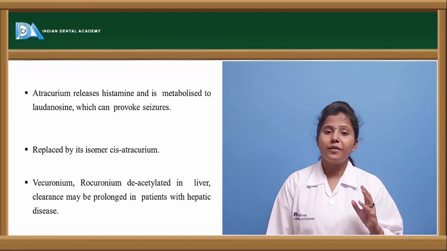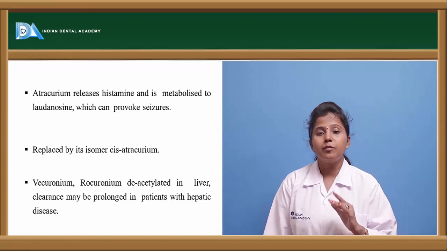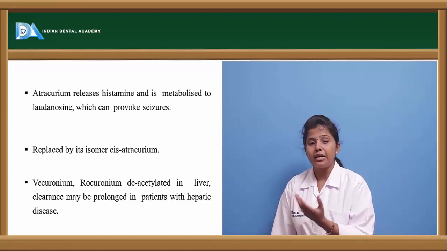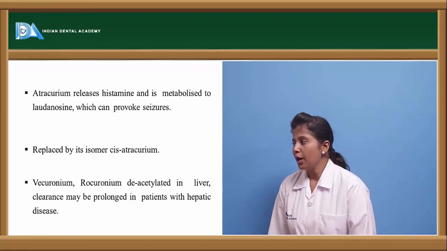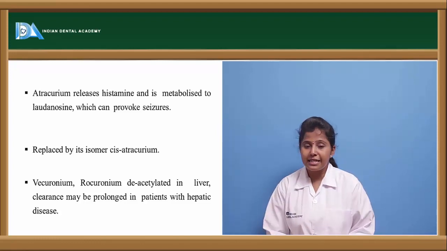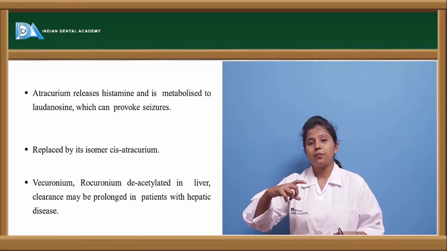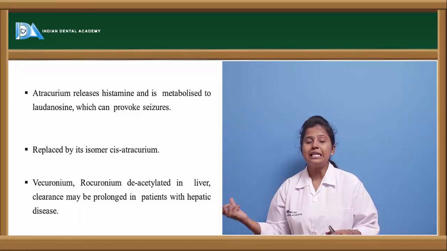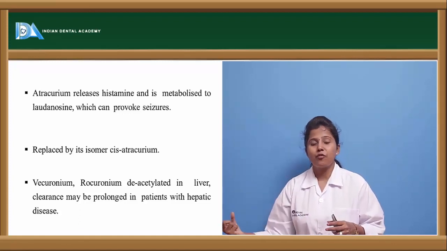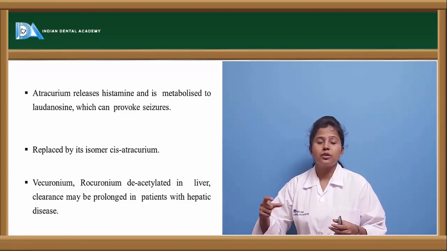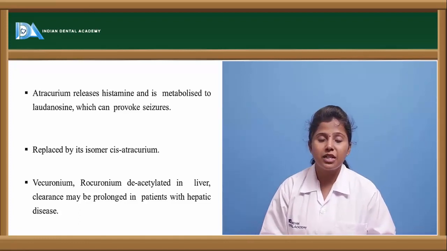So if atracurium undergoes metabolism, it produces an intermediate which produces seizures in the body, and that is the reason it is replaced by the cis form. In this cis form, the metabolism of atracurium is prevented, and thereby the intermediate laudanosine is not formed.